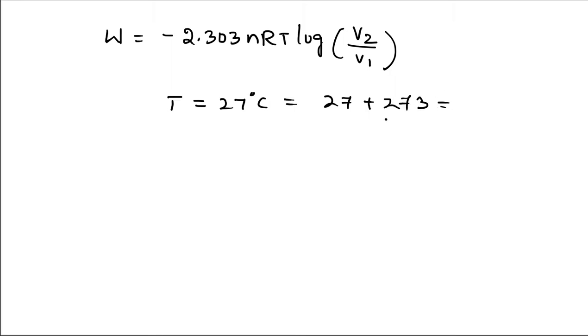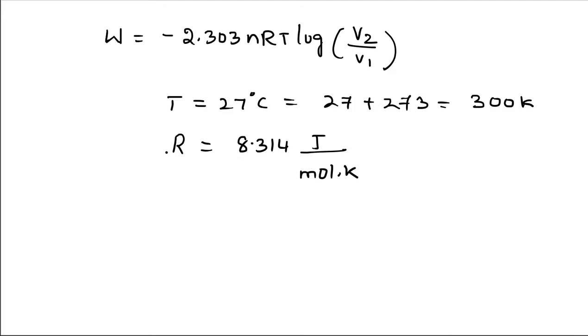To convert this into Kelvin, that gives us 300 Kelvin. And depending on the units in the problem, the final reporting unit of the work is joules. Therefore, R value must be used as 8.314 joules over mole Kelvin.